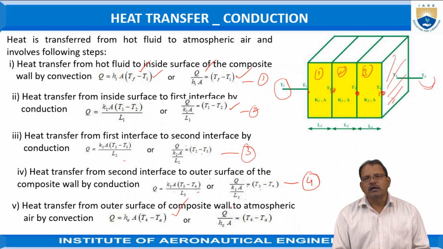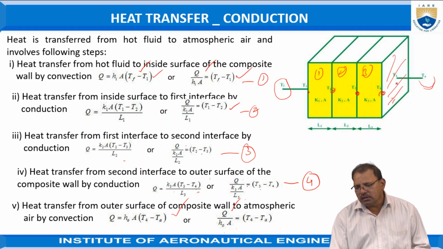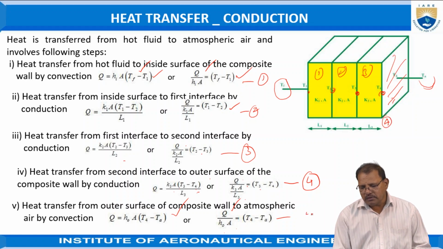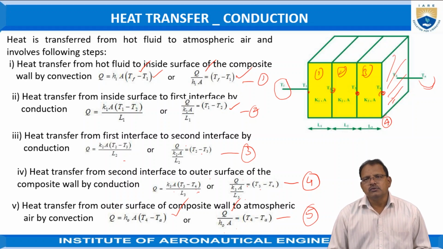From this relationship, Q/(H0 A) = T4 - Tn, where Tn is the air temperature outside of the wall, at the fourth position. I am taking this as equation number 5. Now we combine equations 1, 2, 3 and 4.